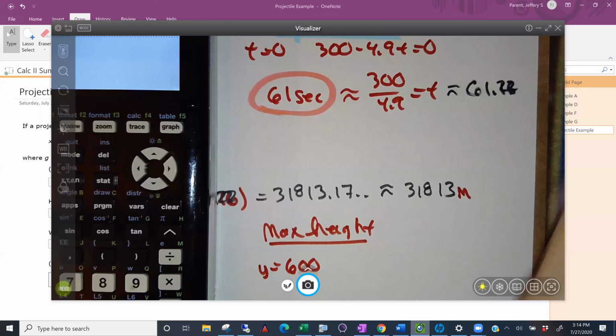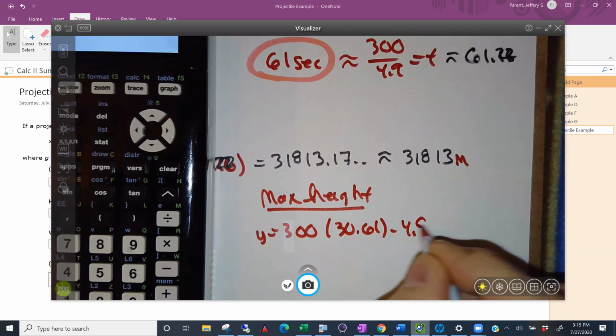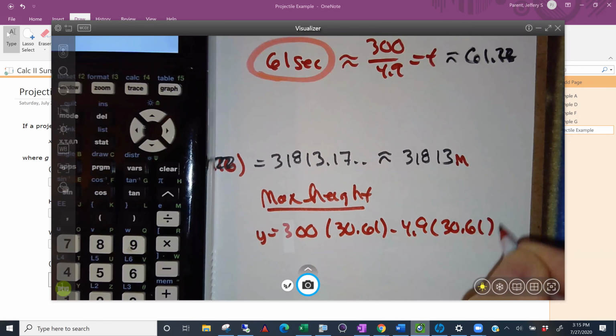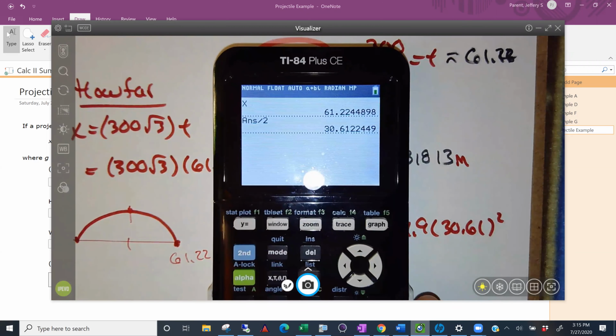So let's plug that in and finish this part up. 330.61 minus 4.9 times 30.61 squared. I'm going to use my store key again because it's absolutely convenient to do so.